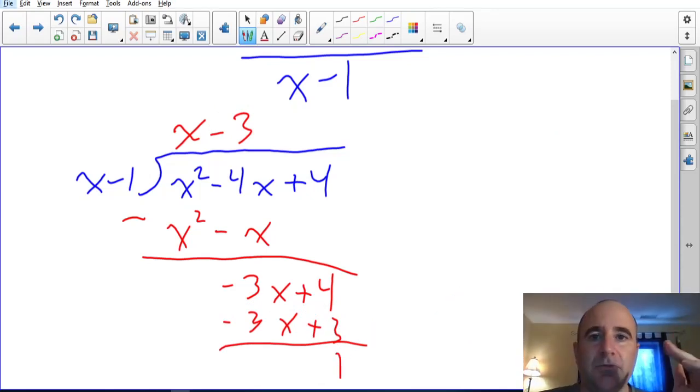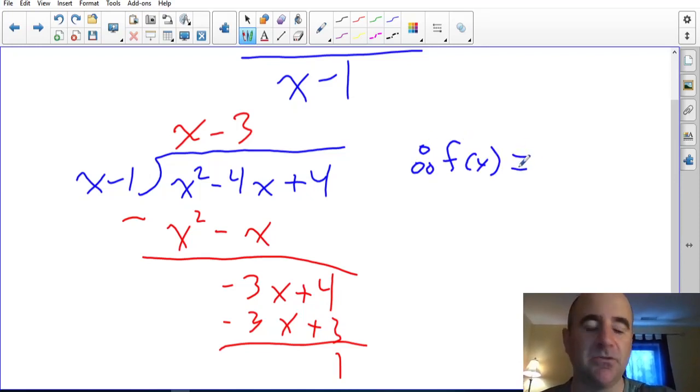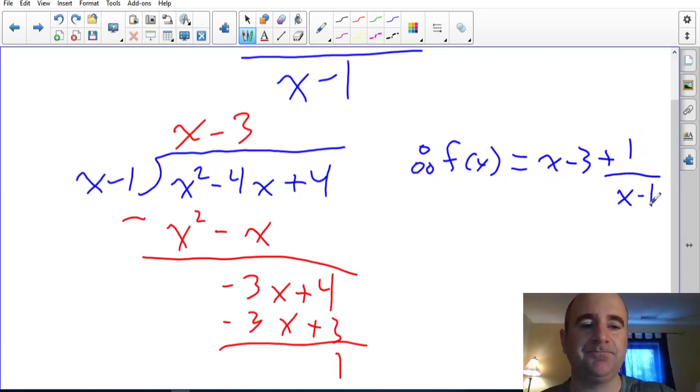Now you might need to review some of the lessons we've already done on polynomial long division, but if you do, you'll remember that we can now rewrite f of x so that it looks like, okay, since it's x squared minus 4x plus 4 divided by x minus 1, it's equal to x minus 3, and I'm going to write the remainder of 1 as a fraction, plus 1 over x minus 1.